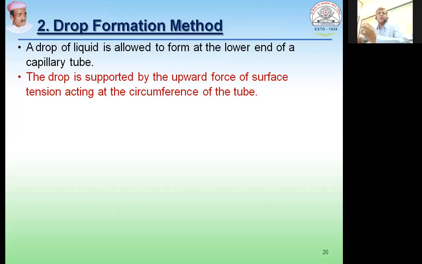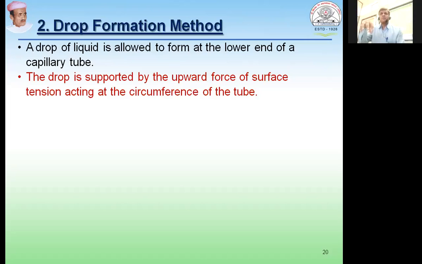And that drop keeps hanging till the downward force is equal to the upward force which is leading that drop to be hanging from the surface of the aperture. So in this method also, we are trying to understand how the surface tension of a liquid, which acts as an upward force keeping that drop hanging from the aperture, works.